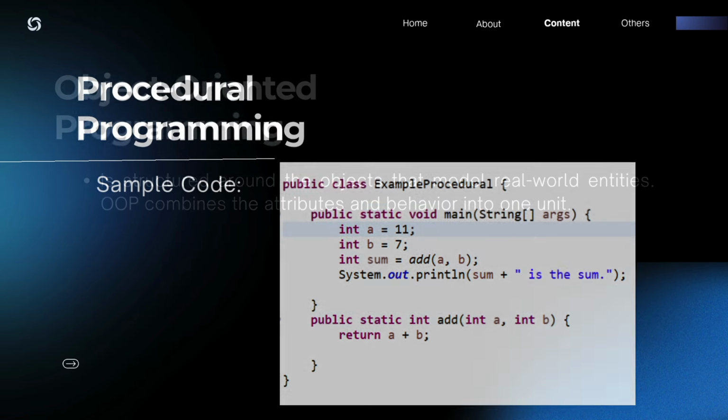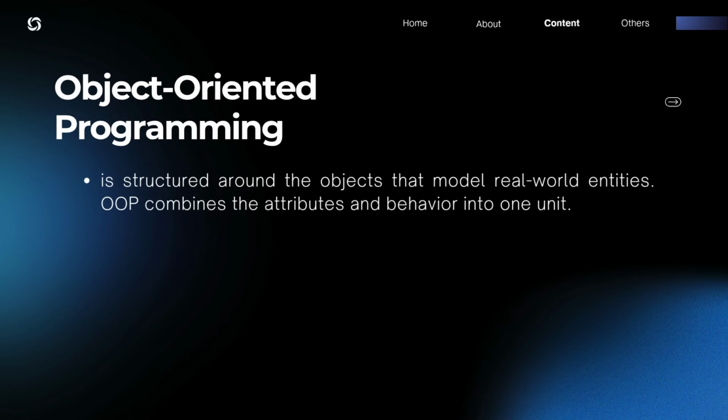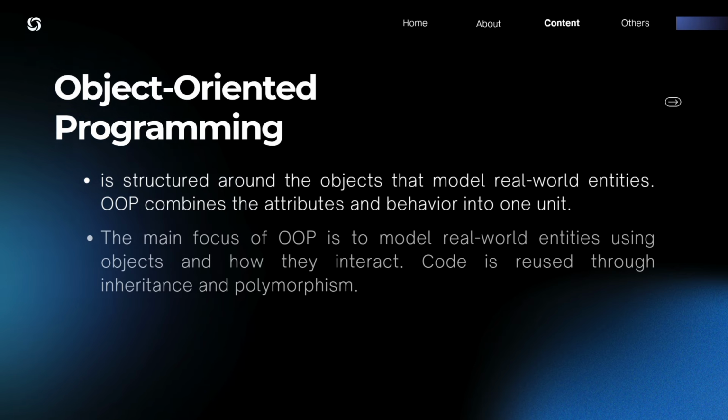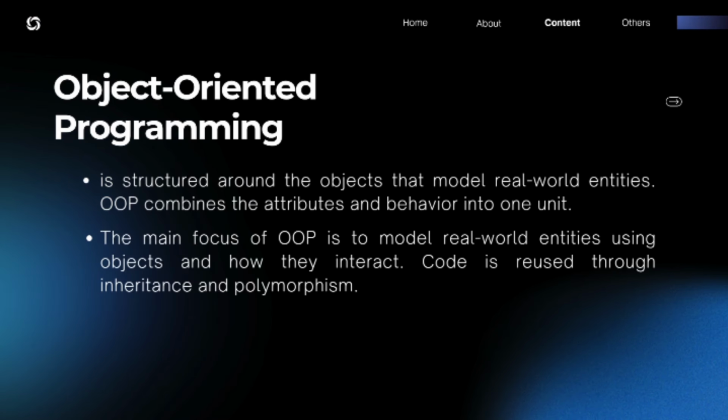In contrast, object-oriented programming is structured around objects that model real-world entities. OOP, or object-oriented programming, combines the attributes and behavior into one unit. The main focus of OOP is to model real-world entities using objects and how they interact and behave.